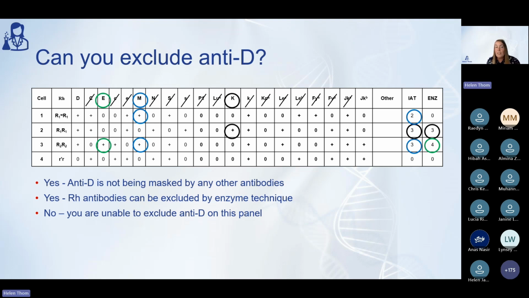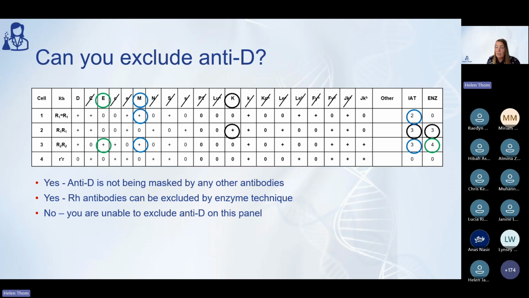Thanks, Anna. For this one, your anti-D is being masked in IET by the other antibodies, so you've got your M, your K, and your big E. But if you look at line 1 in your enzyme, that is actually negative. So those of you who have said Rh antibodies can be excluded by enzyme technique are correct.